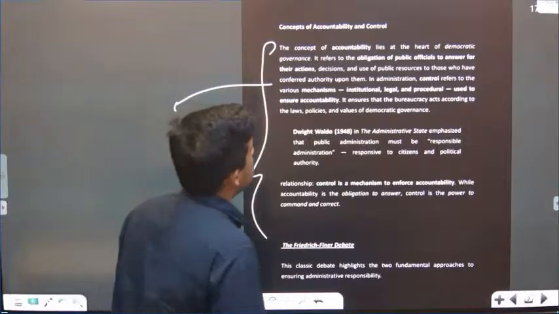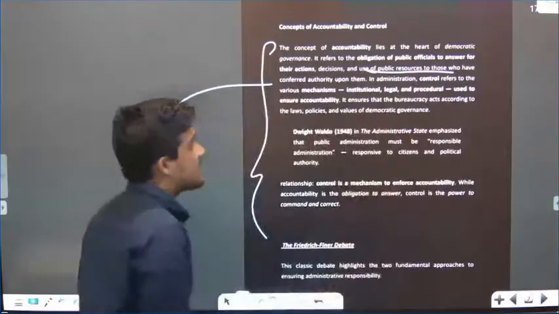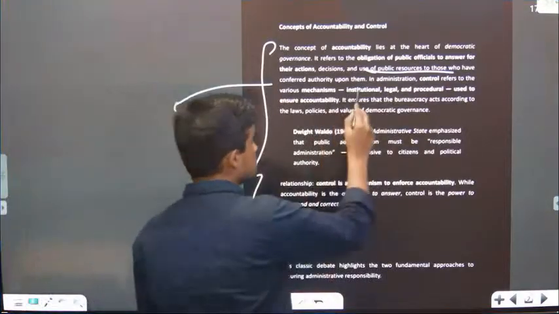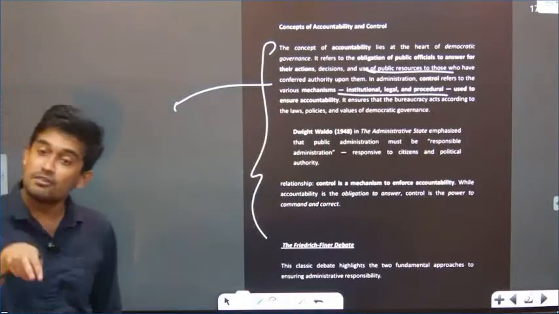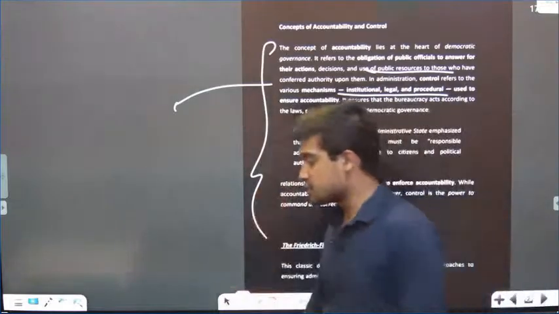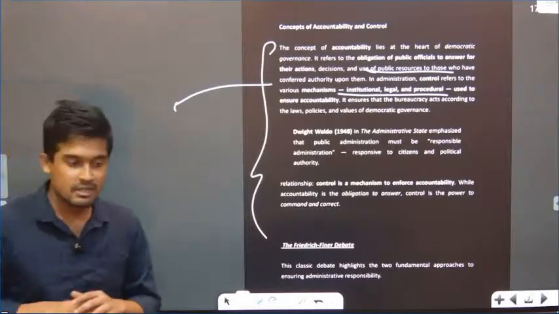Use of public authority. In administration, control refers to various mechanisms, institutional, legal, procedural, used to ensure accountability. For example, if there is an institutional system that every day you come, you have to fill in your attendance. Whatever you do, you have to update it in a centralized timesheet.